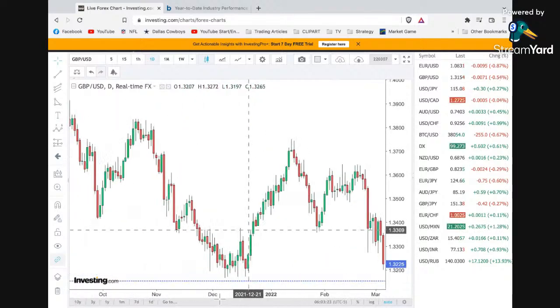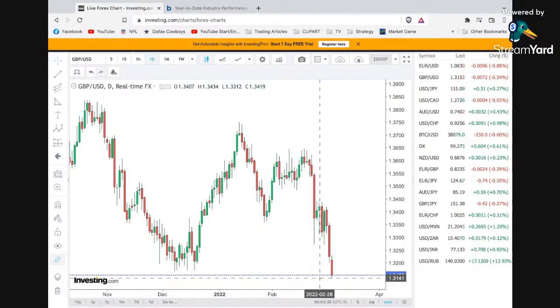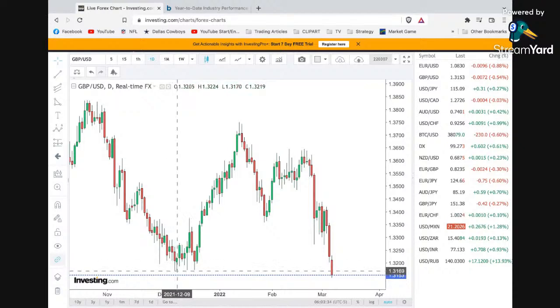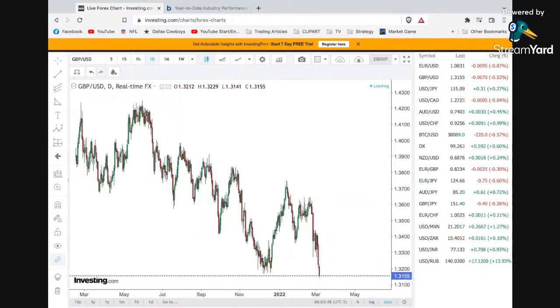Just like the euro, they're selling off. And this is technically significant: we made a lower low today. The price dropped below the low from December, the end of last year.